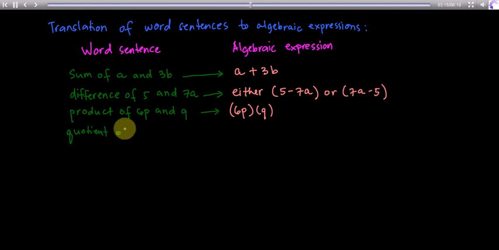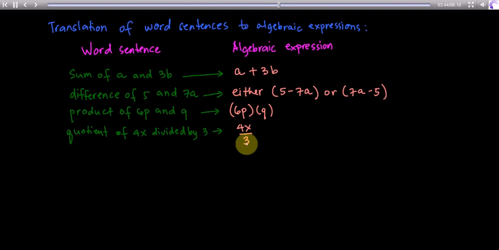Quotient of 4x divided by 3. So we could write it as 4x over 3. So we have a quotient of 4x divided by 3.